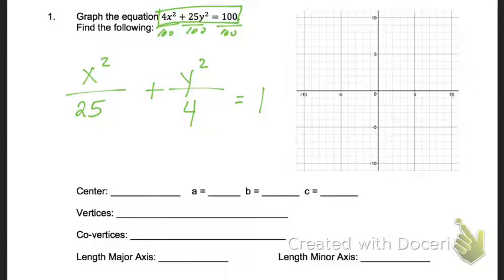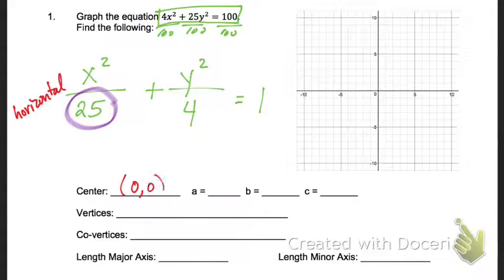Now, which number is bigger, 25 or 4? 25, and it's under the x, so that means it's a what kind of ellipse? Horizontal or vertical? Horizontal, good. So my center is at (h, k), and in this case, there's nothing in the parentheses next to the x and the y. So that means that my center is where? (0, 0).